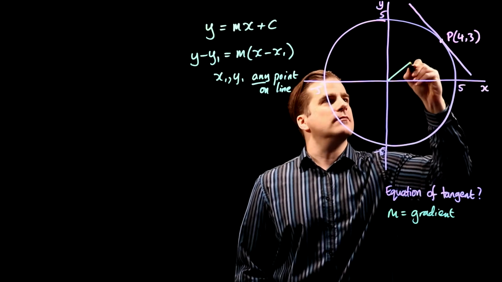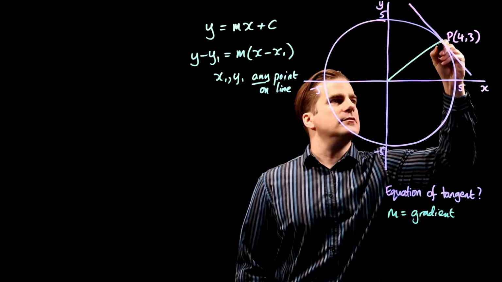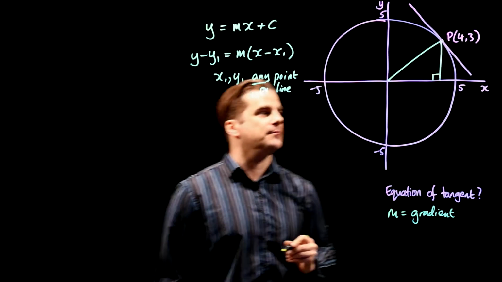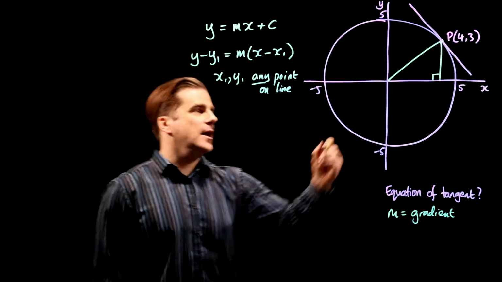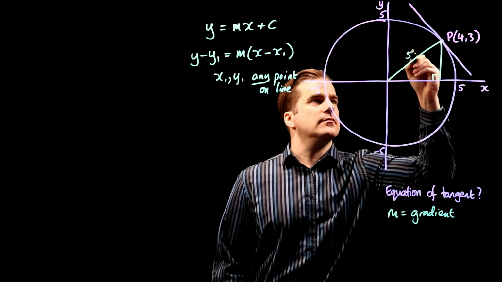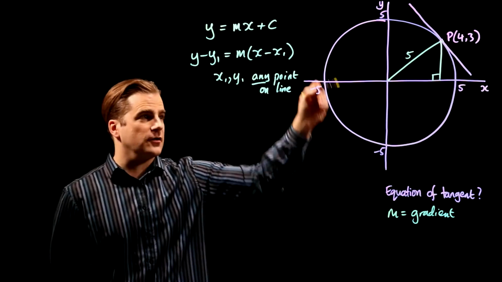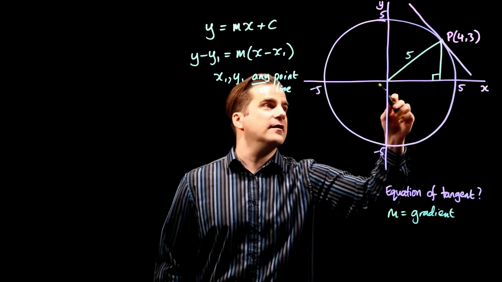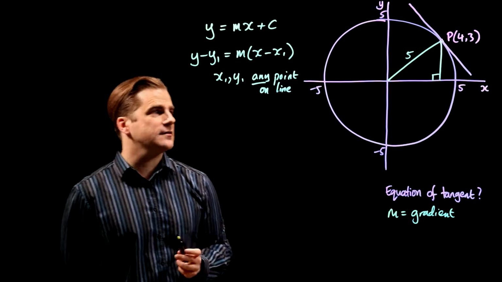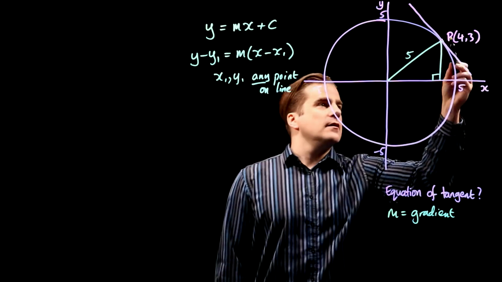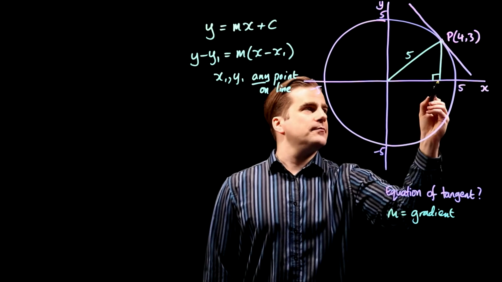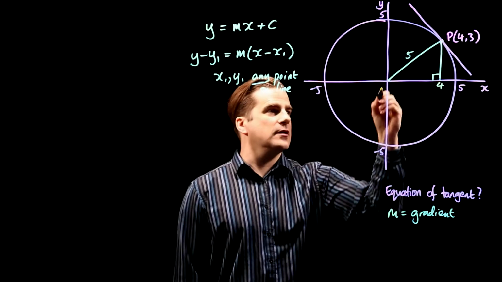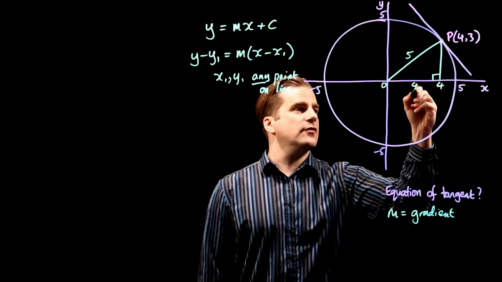Let's draw a right angled triangle on here. Now we know that that's 5. This is a circle of radius 5. If it goes through -5, -5, 5 and 5 here, the radius is 5 at all points. And we know this distance here because that is x equals 4 and that's 0, so that distance is 4.